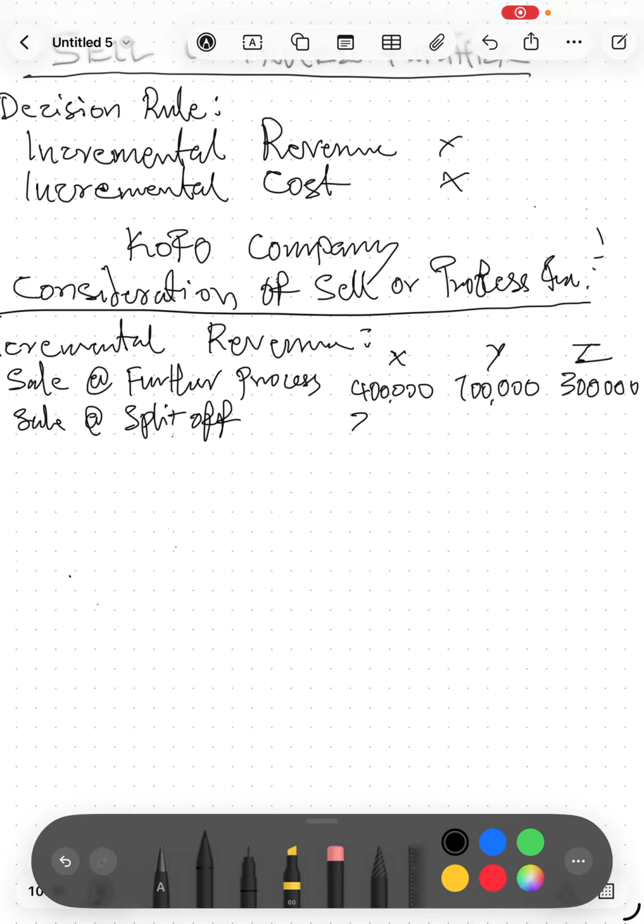They told us to sell at split off is 250,000, 400,000, then finally 100,000.